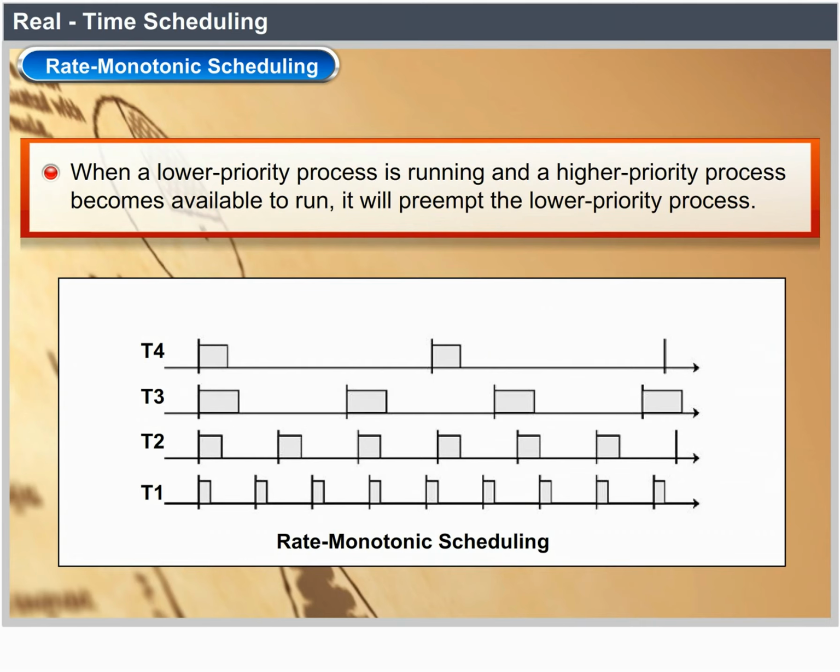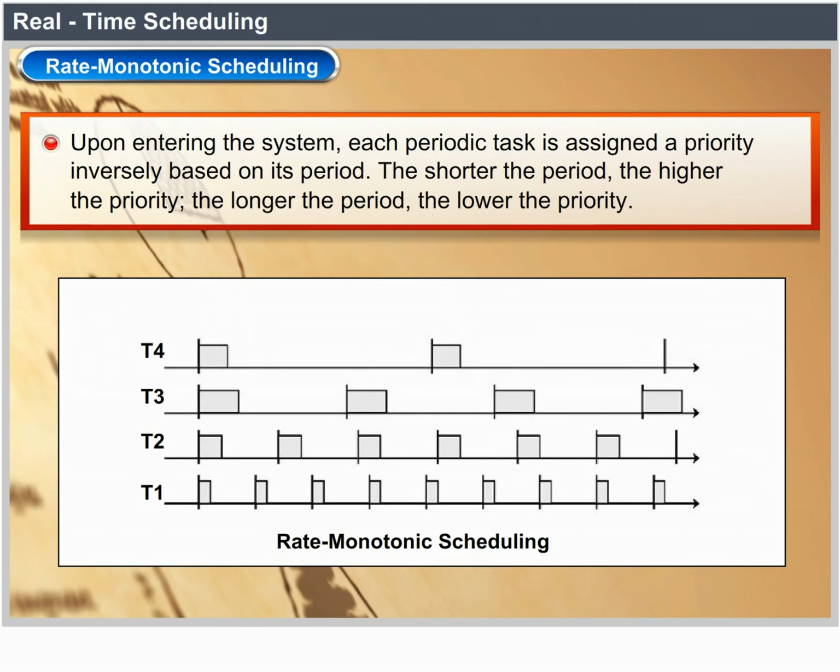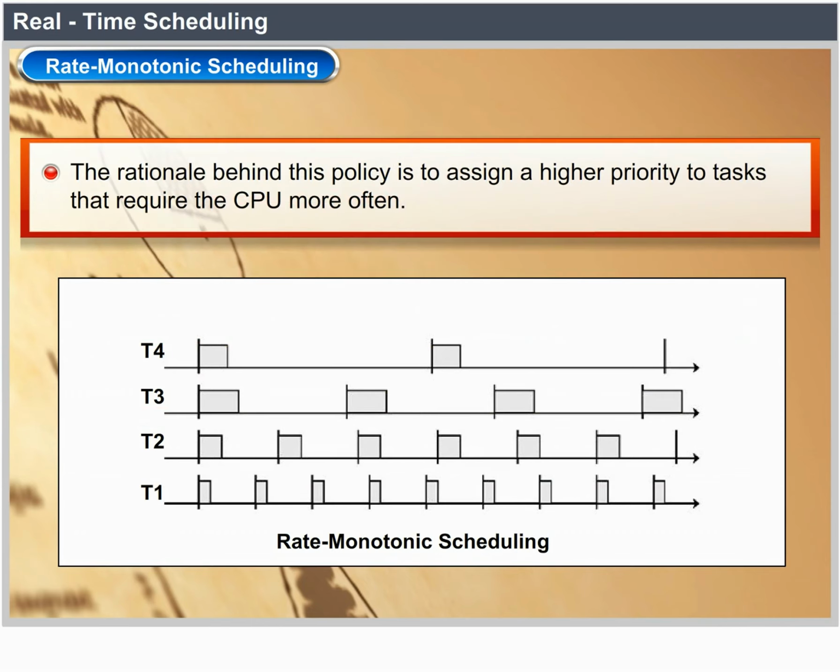Upon entering the system, each periodic task is assigned a priority inversely based on its period. The shorter the period, the higher the priority. The longer the period, the lower the priority. The rationale behind this policy is to assign a higher priority to tasks that require the CPU more often.